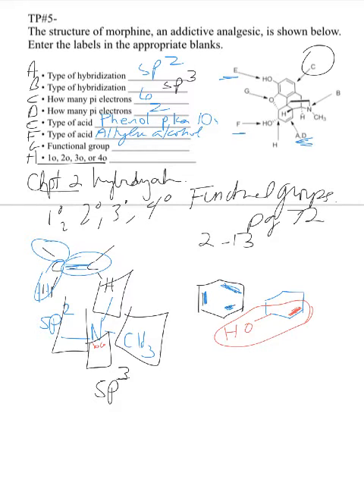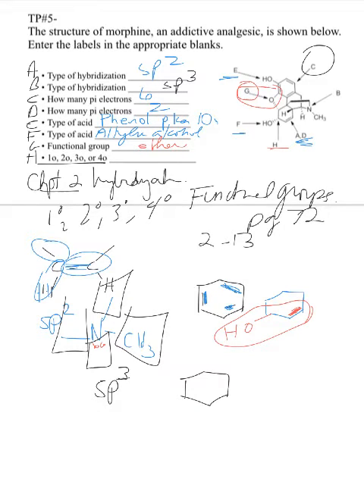Okay, functional group. So G, functional group here would be an ether. So look at that and be able to recognize that that would be an ether. And then H, it's asking, so we're going to talk about alcohols.